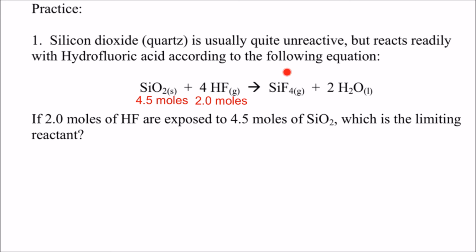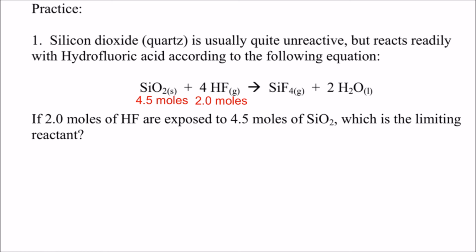So I'm going to choose this silicon tetrafluoride, but you could choose the water just the same. You'll get the same result. Okay, we need to do our stoichiometry calculations with each of these reactants because this is a limiting reagent question. First off, I know that because they actually asked me in the question, and secondly because I see that they gave me information about more than one reactant.